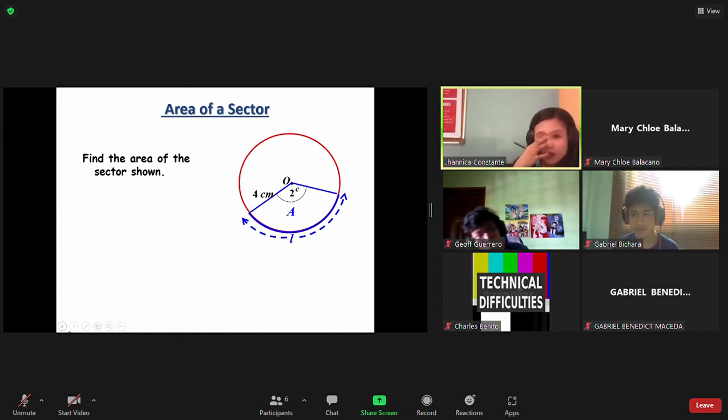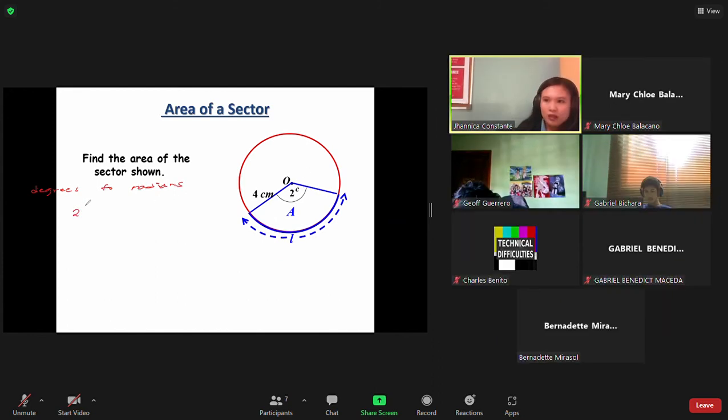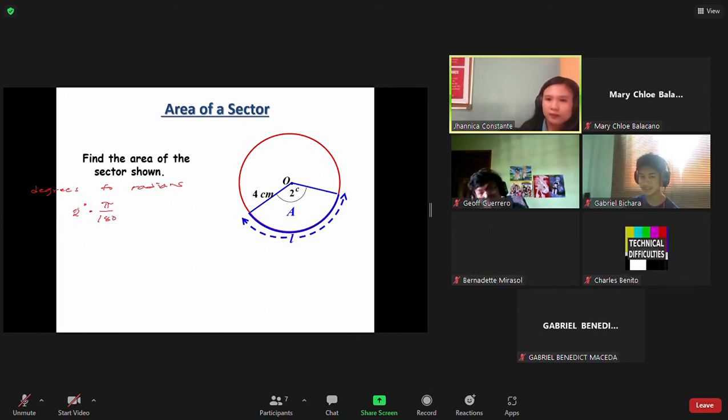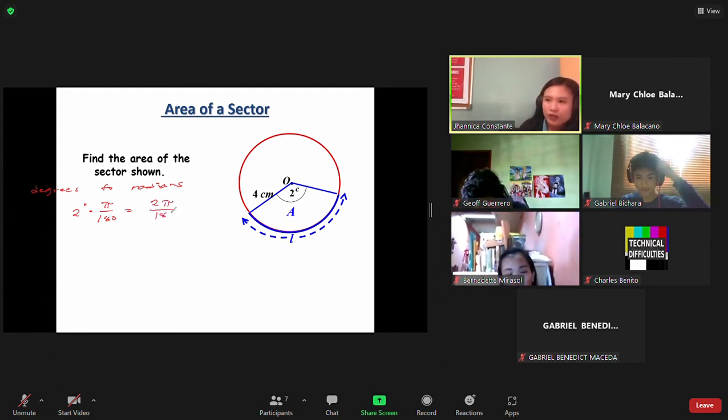Since it's in degrees, we need to change this 2 degrees into radians. The measure of the angle is 2 degrees times pi radians over 180, which is equal to 2 pi over 180.